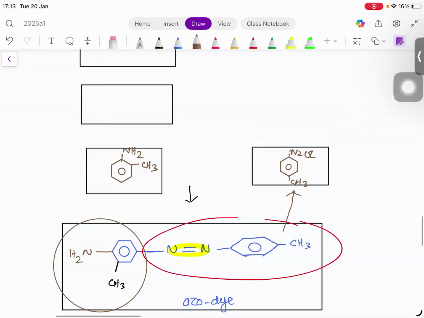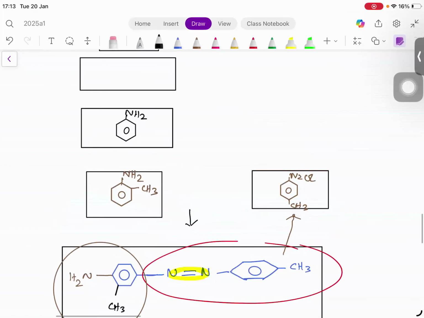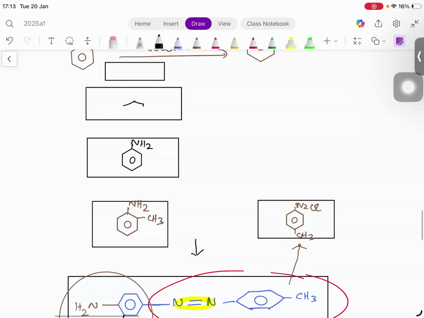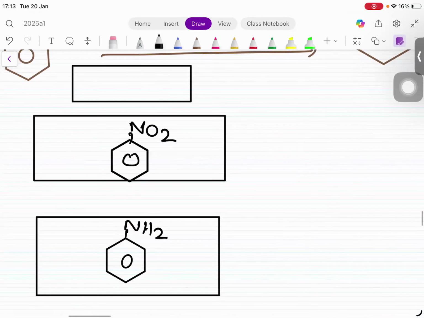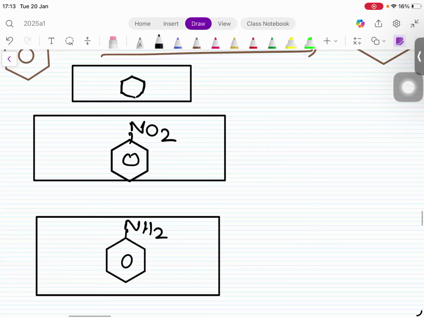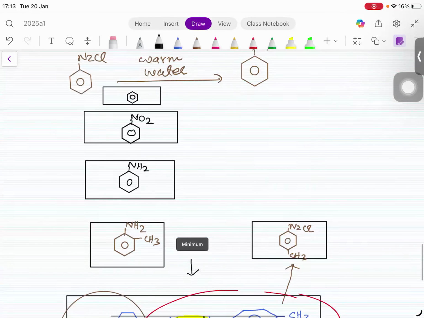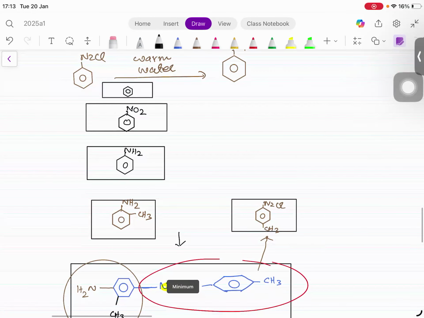Now what is this formed from? Alkylation. So it should be phenylamine without CH3. And phenylamine is formed from what? You remember? It is formed from nitrobenzene. And nitrobenzene is formed from benzene.